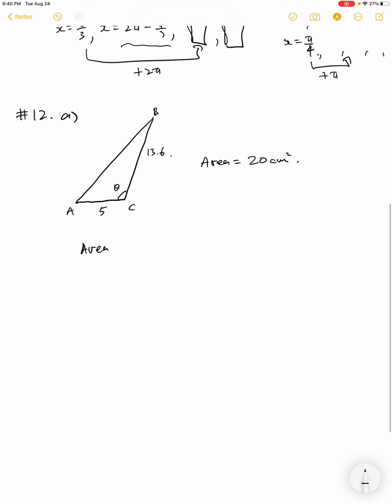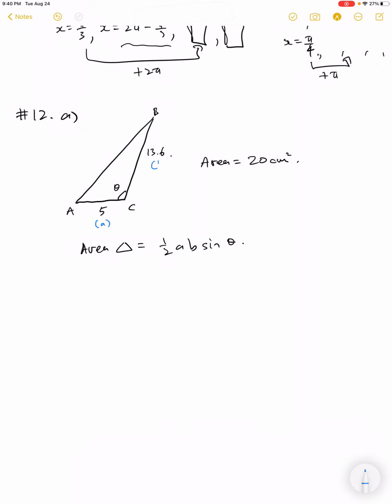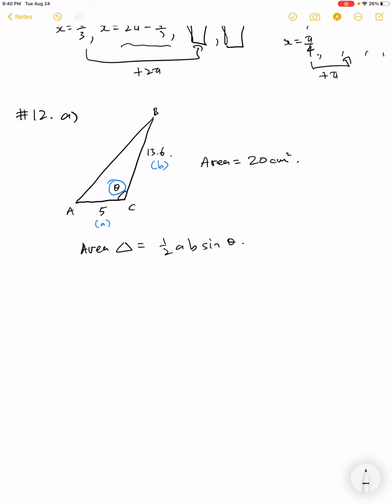Area of a triangle, as you know, is half ab sine theta, where this is a, this is b, this is theta. Area is 20, so 20 equals half times 5 times 6 sine theta. Can I skip these steps because I know you would have got to 36 degrees.